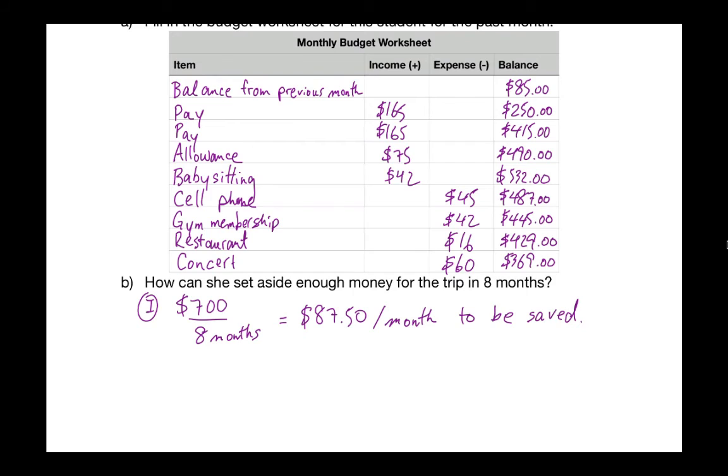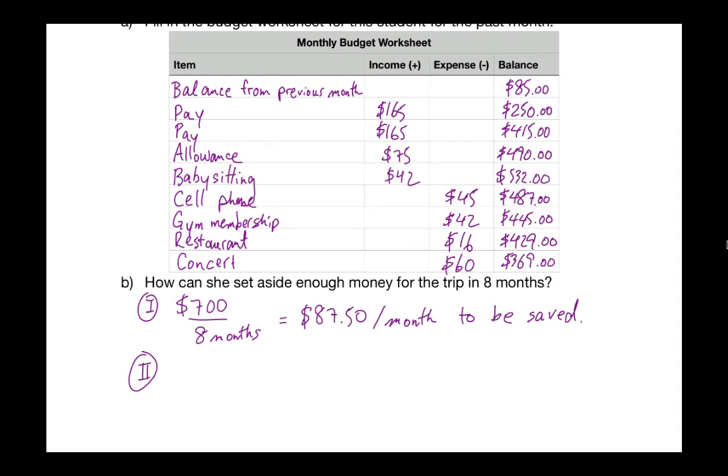Now, another way is to maybe choose some larger amounts to save here and there. So maybe in this particular month, they look at things and they say, wow, I got $369 saved.